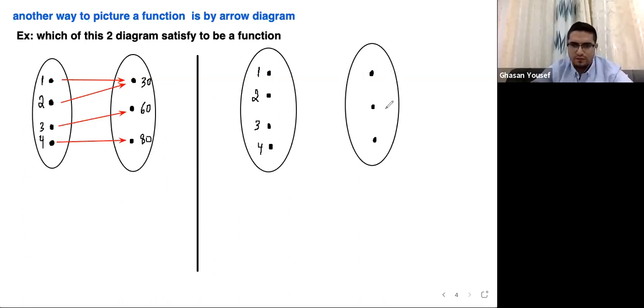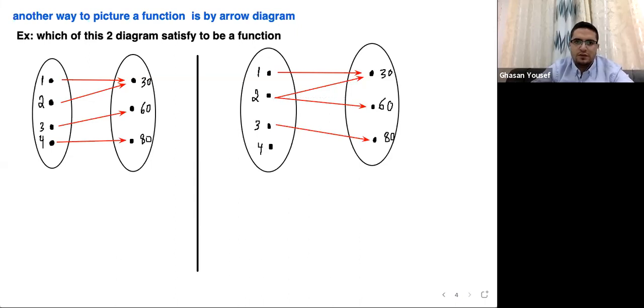This is 30, this is 60, and this is 80. 1 goes to 30, 2 goes to 30, 3 goes to 80, and the 2 goes again to 60.